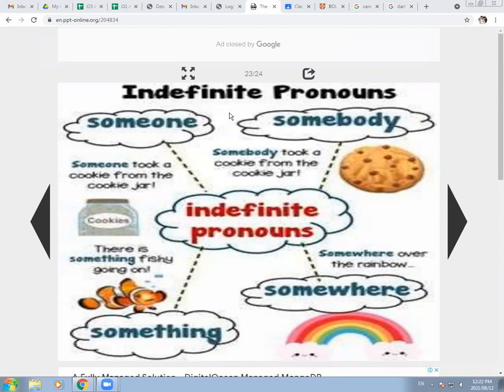Somebody, anybody, nobody, somewhere, something. All of these words are indefinite pronouns. Something happened and then, okay, she left the class. I saw your watch somewhere near the street, Abdur Rahman.